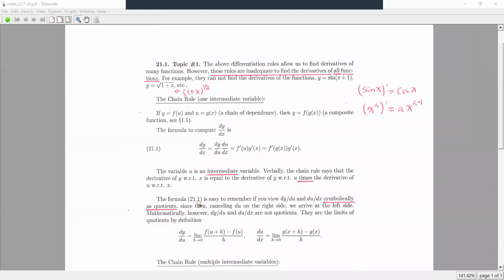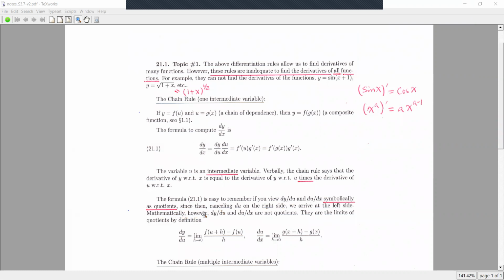The chain rule is easy to remember if you view dy/du and du/dx symbolically as quotients. Since then, canceling du on the right side of this equation, we can get back to the left side.